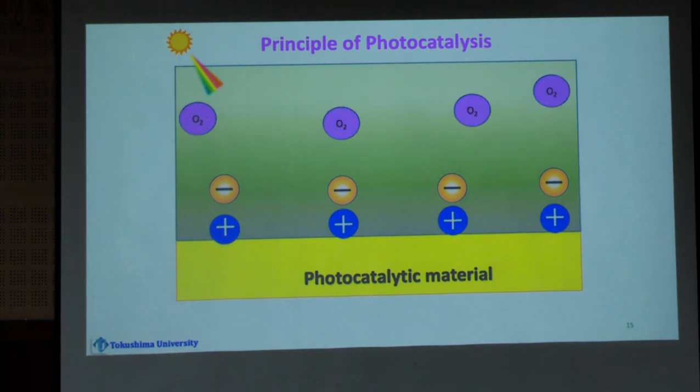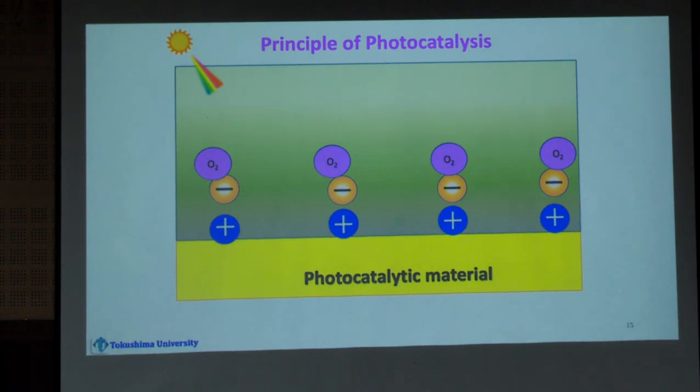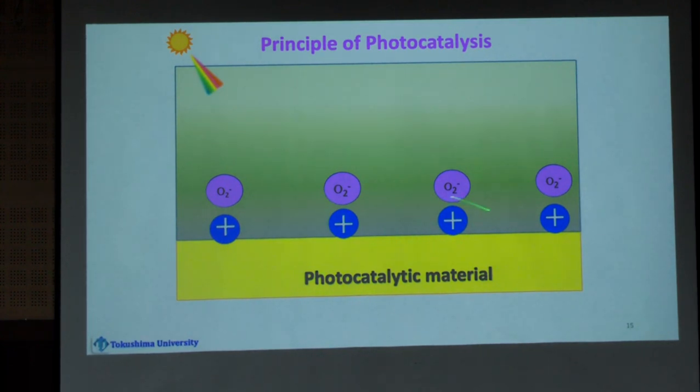Then there is oxygen. So oxygen reacts with this negative charge and it creates O2 minus. Okay? Earlier we put the light on the photocatalyst, positive and negative charges get excited, the electron can react with the oxygen, it can create O2 minus.